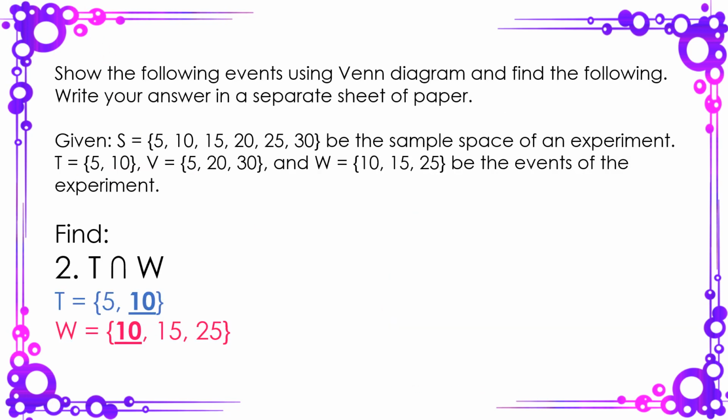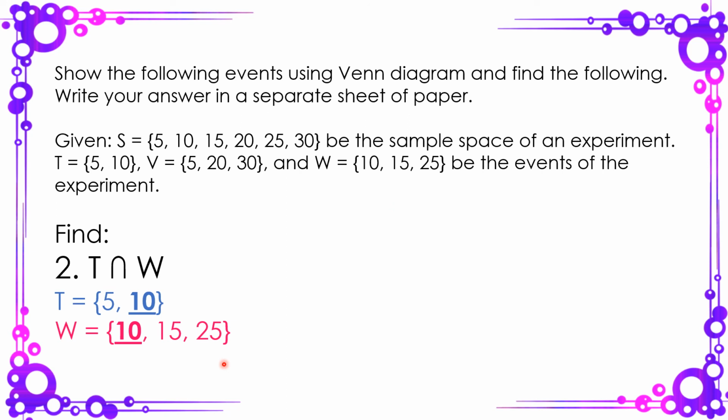Let us have example number 2, and in number 2, we are going to find the T intersection W. Again, here is our given. So we need to find the intersection of T and W. So first thing that you have to do is to list down the given. So for T, we have 5 and 10, and for W, we have 10, 15, and 25.